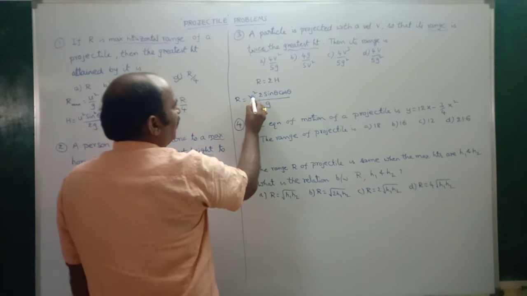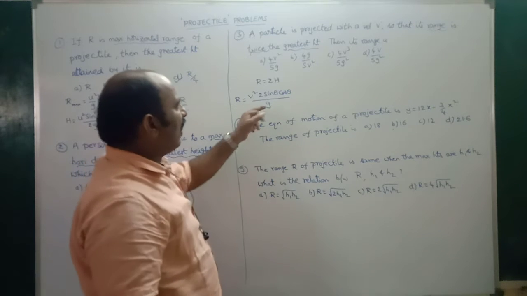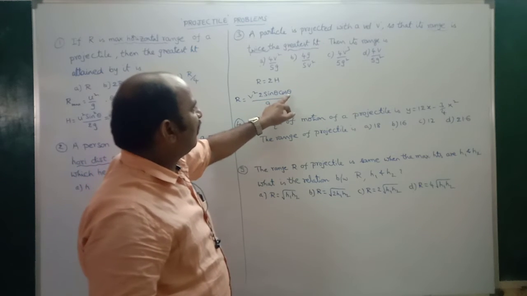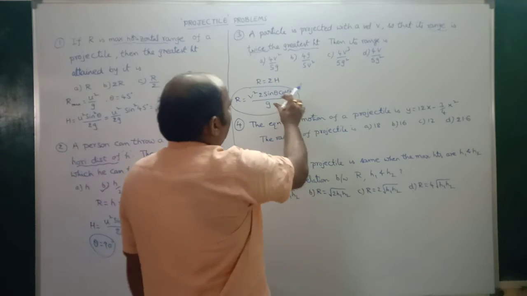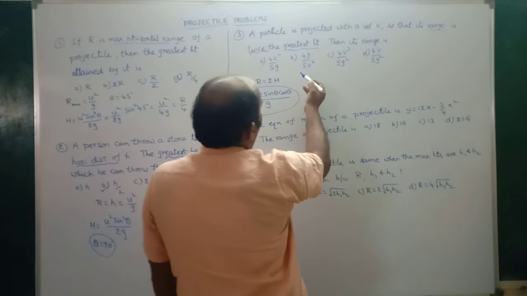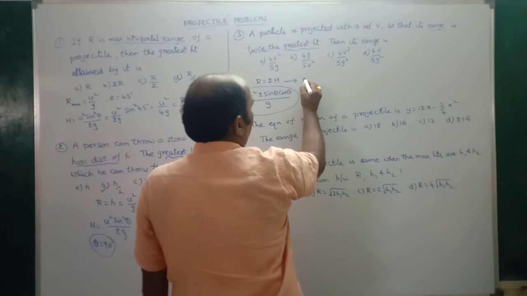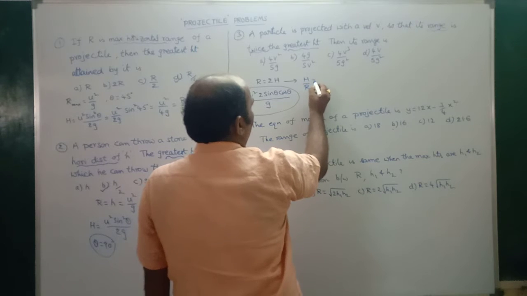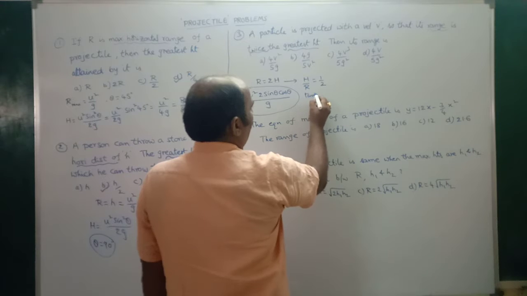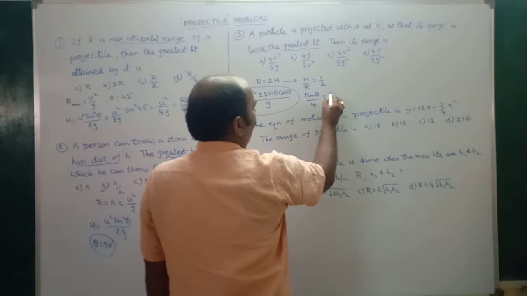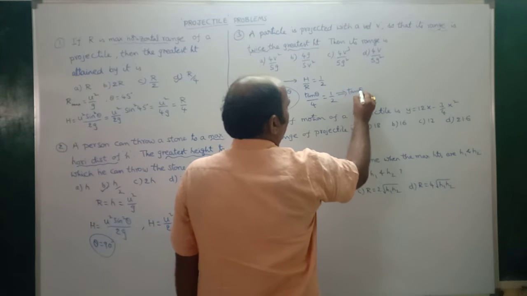So R is equal to v square into 2 sin theta cos theta by g. First we have to know sin theta value and cos theta value. From the given condition R is equal to 4h, h by R is equal to 1 by 4. You know h by R value is tan theta by 4, which is equal to 1 by 4. From this, tan theta value is 2.